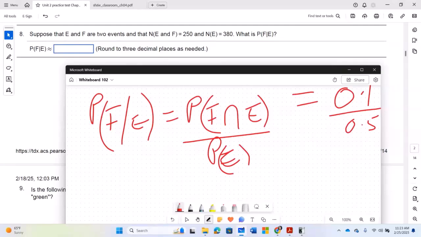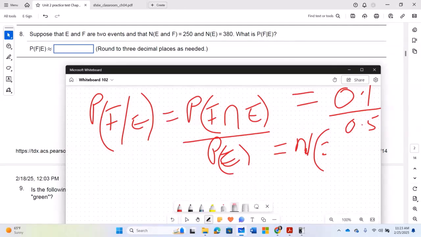The important thing is that when we are given count, we use the count to solve. So I'm going to use capital N. The intersection number is 250.